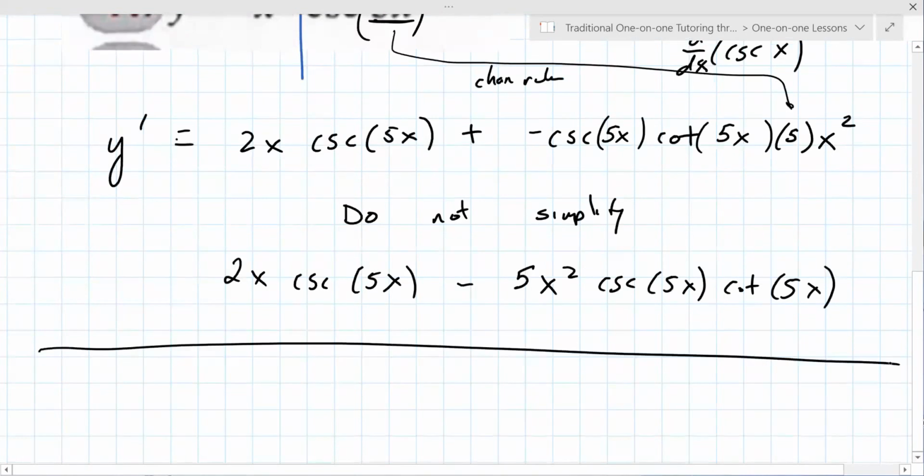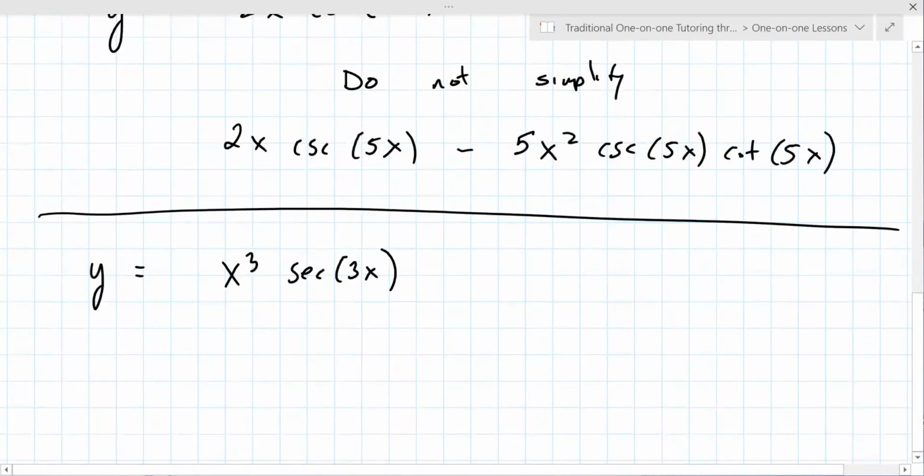Okay, now one for you to try. Let's say y equals x cubed secant 3x. All right. So 3.